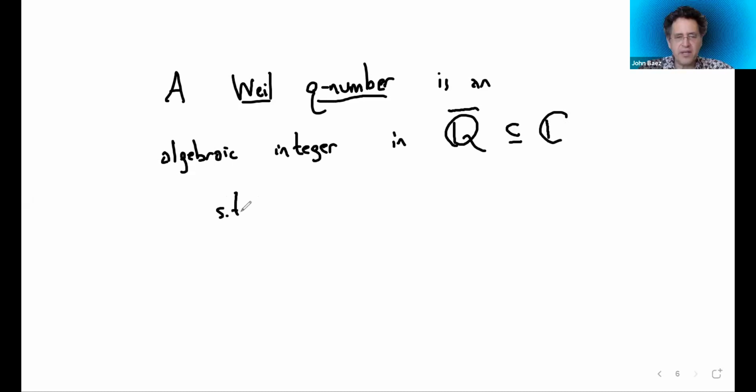But of course that was somewhat arbitrary. The Galois group is acting on this Q-bar.